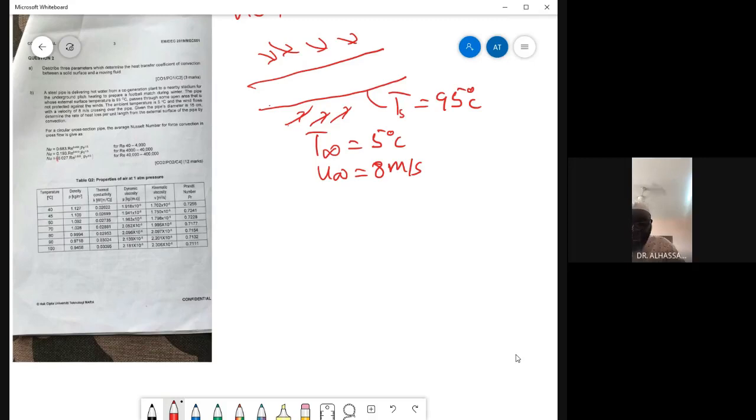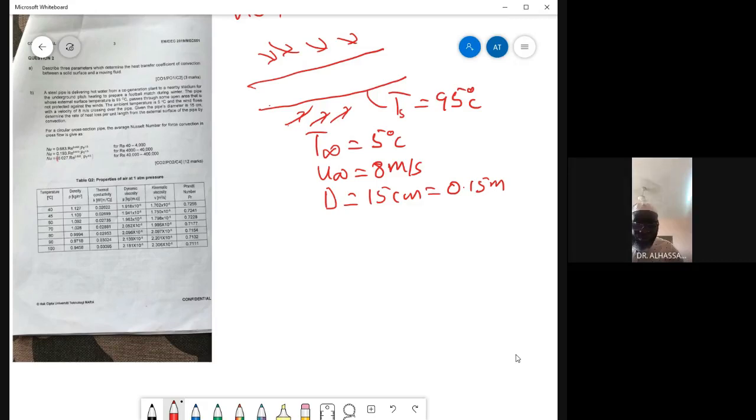Given the pipe diameter, D, equals 15 centimeters, this gives about 0.15 meters. Determine the rate of heat loss per unit length from the external surface of the pipe by convection.